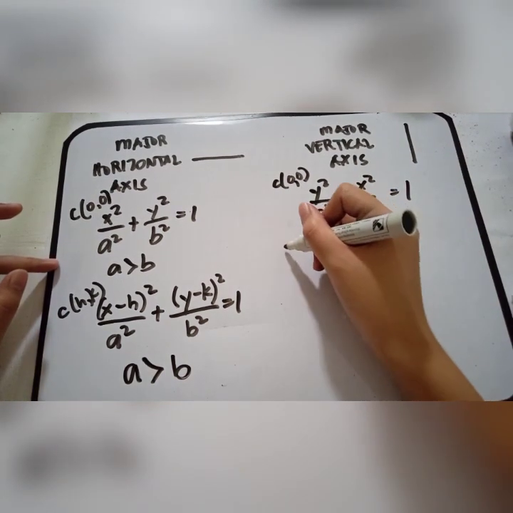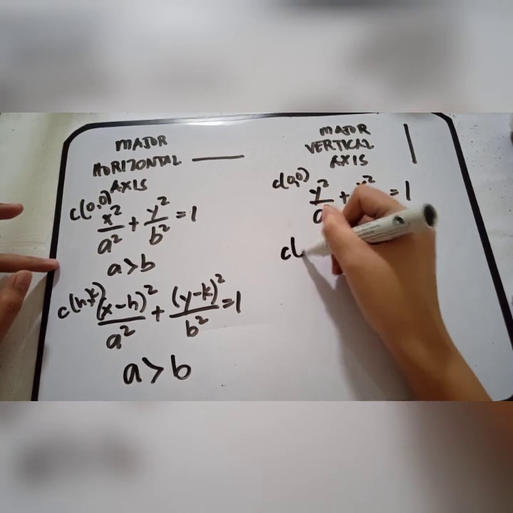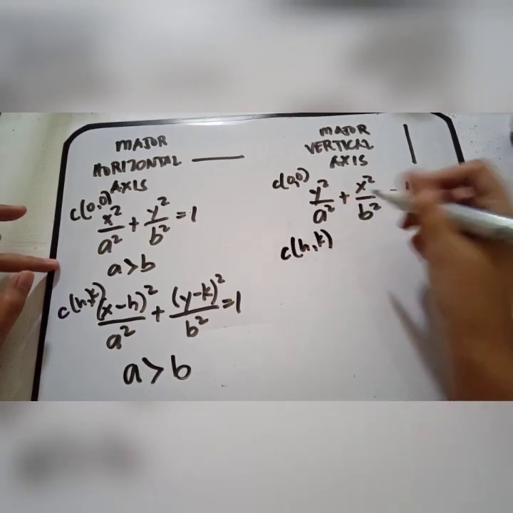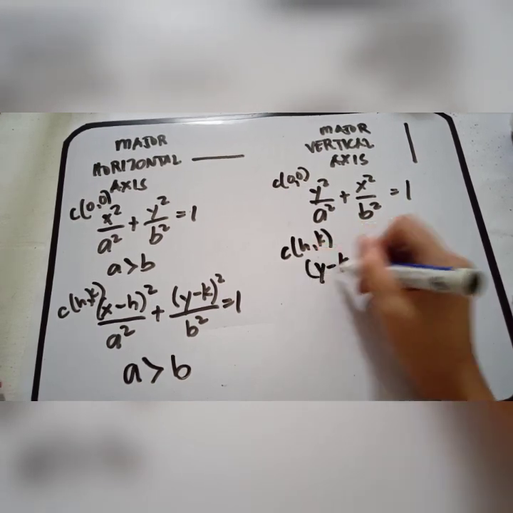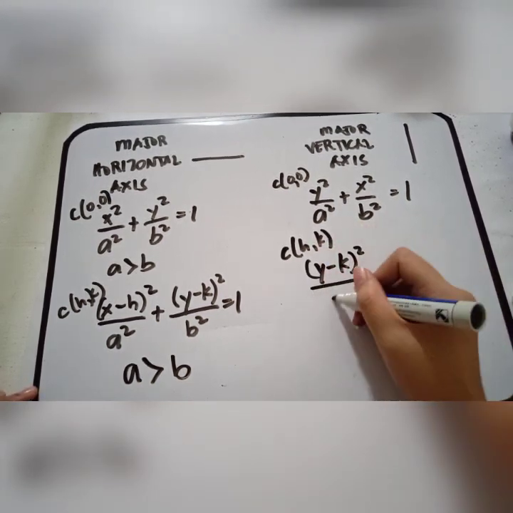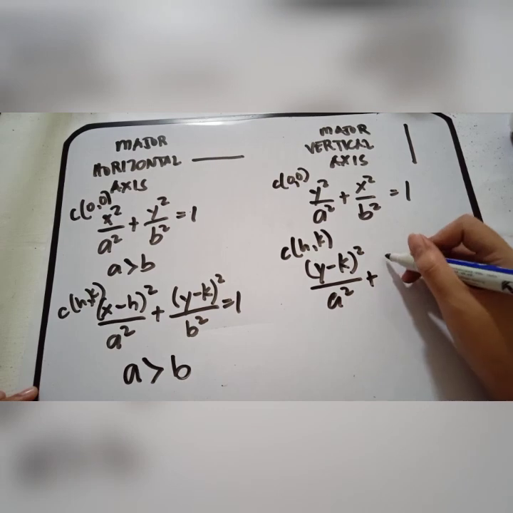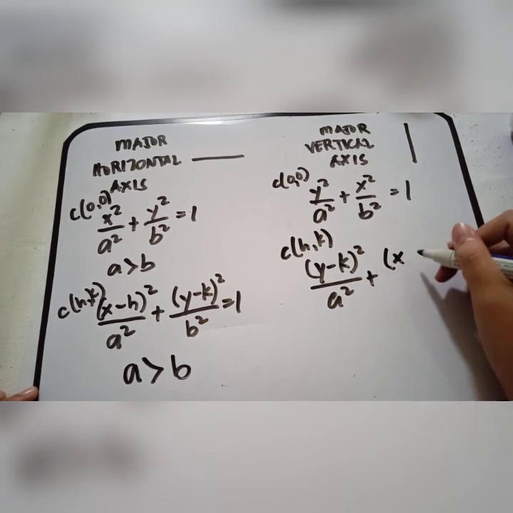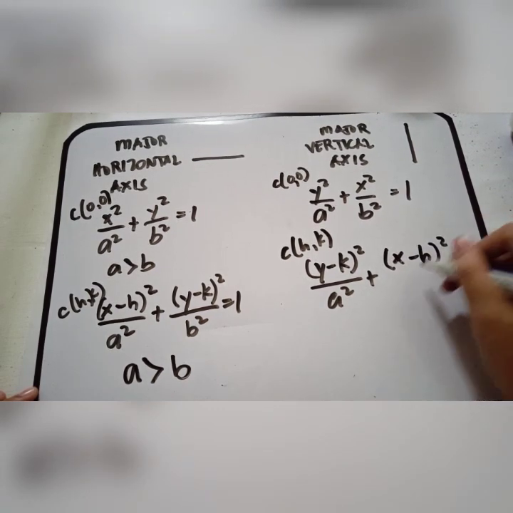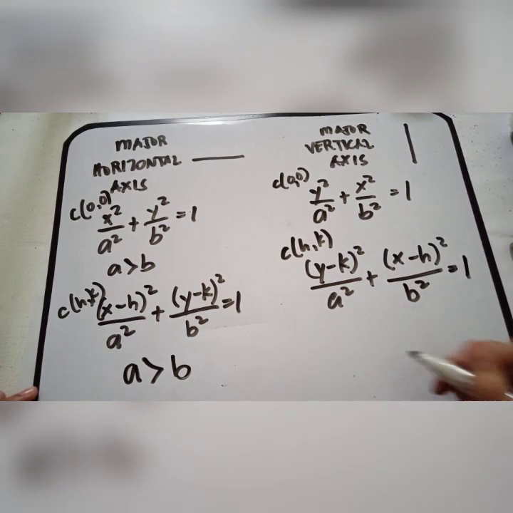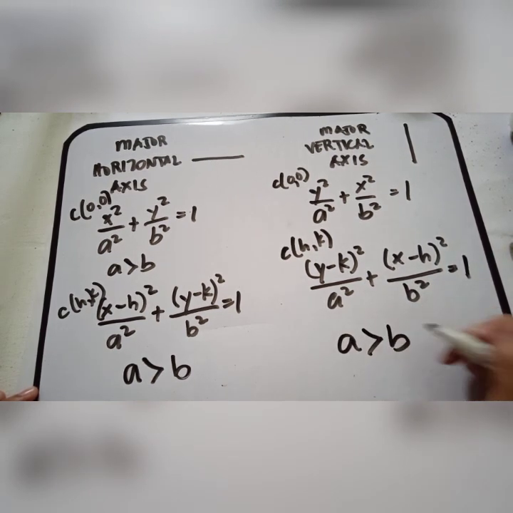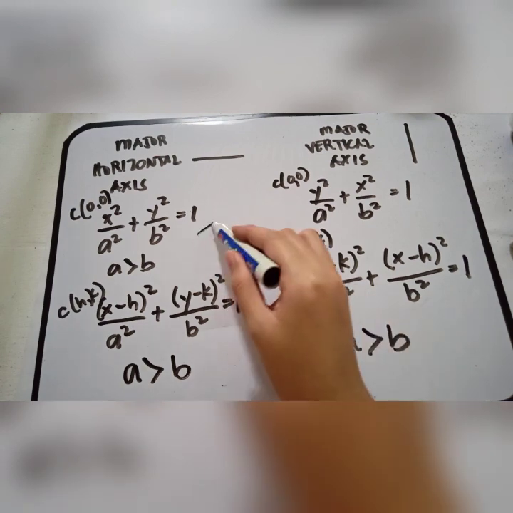It's almost the same with the major horizontal axis. And if the center is not located at the origin, the equation is y minus k squared over a squared plus x minus h squared over b squared is equals to 1, where a is greater than b. Okay? So what have you noticed for this equation?